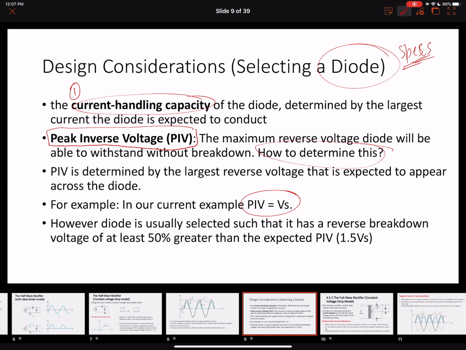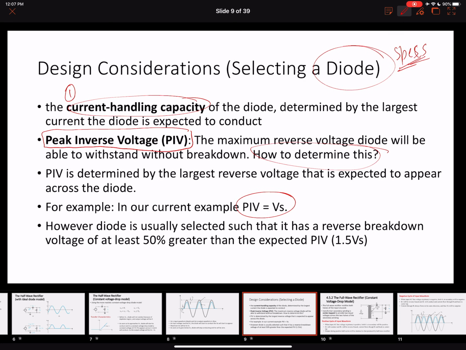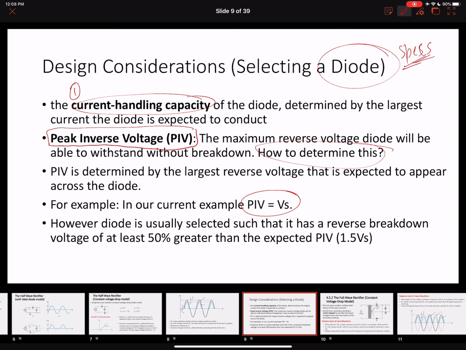Now another important thing in terms of selecting the diode and its PIV value is that we want to make sure that we select a PIV such that the reverse breakdown voltage of that specific diode is at least another 50% greater than that value, right? So whatever value we get over here, we should add another 50% of that voltage value.